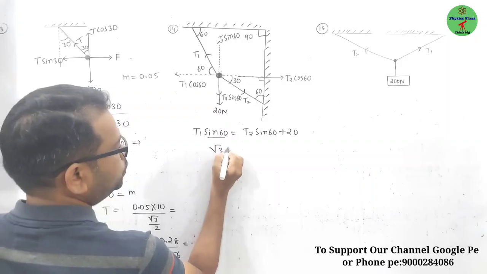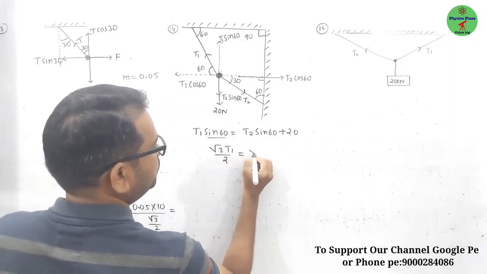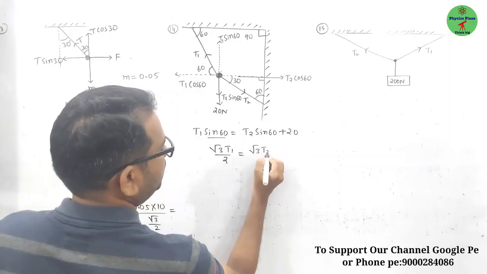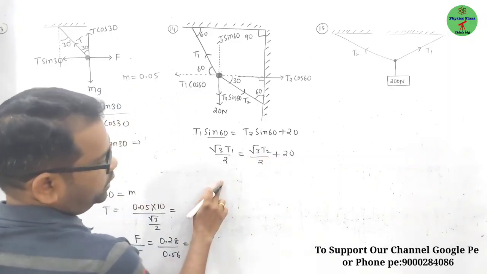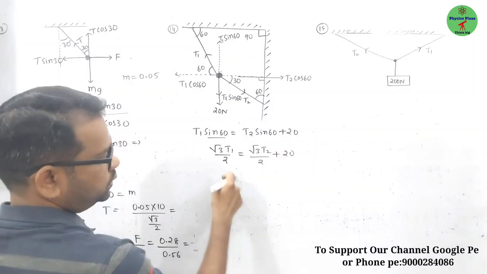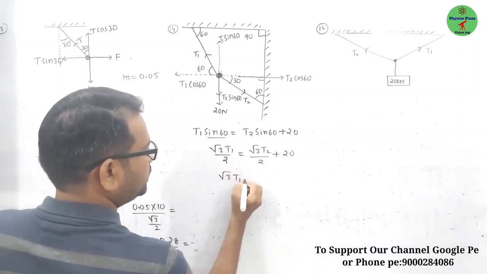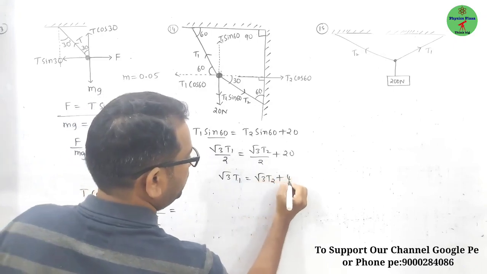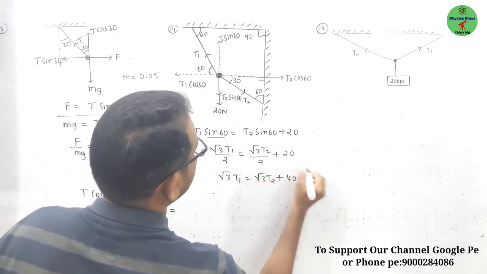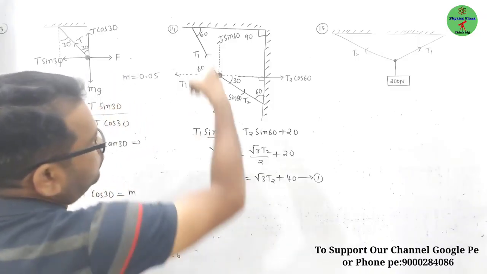So root 3 T1 by 2 is equal to, here also the same thing, root 3 T2 by 2 plus 20. If you take this 2 to the other side, it is root 3 T1 is equal to root 3 T2 plus 40. Make it equation 1. This is what we have solved along the vertical component.